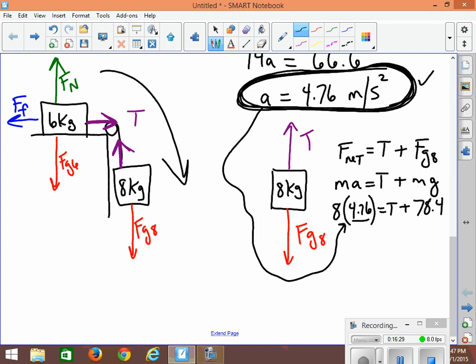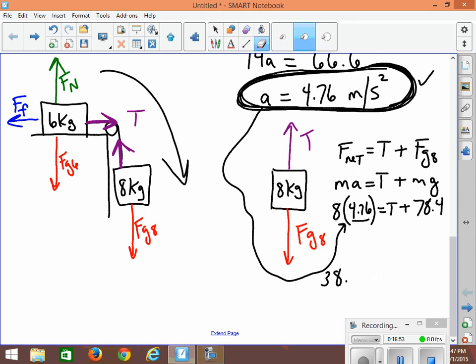Now we're going to multiply 8 times 4.76, and that comes out to about 38.08. So let's just check that number on the calculator, just so we're safe. Oh, that's not right, is it? It's 38.24.